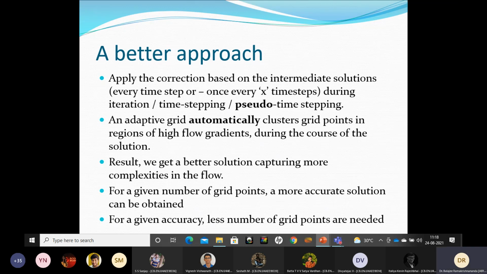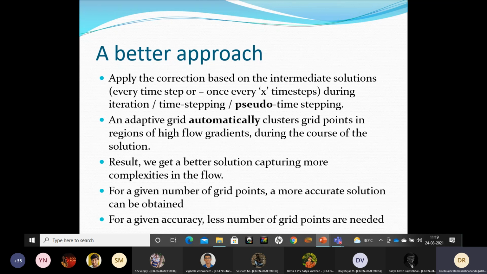In this case, you can use something like pseudo time stepping. For each cell, you can use a different time step. We'll look at this later when you look at stability. For some cells, if you can progress faster, use a larger time step.